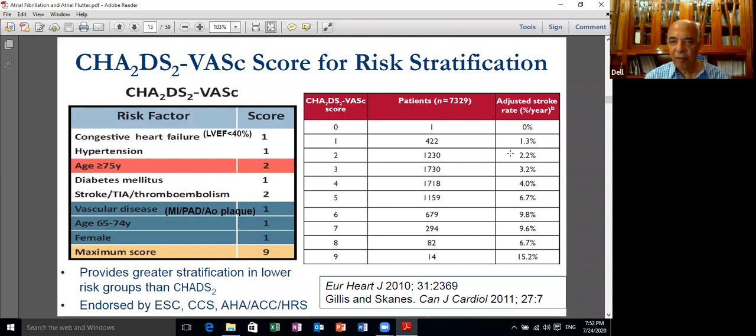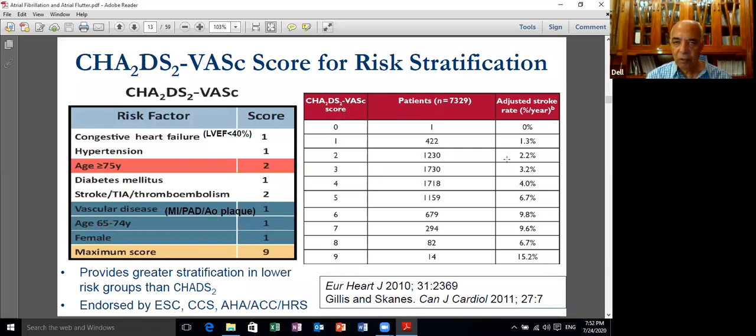So that was confusing and was replaced by the CHA2DS2-VASc score. Everybody knows about that and the scoring points for it, so I'm not going to read them. But a zero CHA2DS2-VASc score is associated with zero adjusted anticoagulation risk. And only when it exceeds 2 will the risk of anticoagulants become less than the risk of thromboembolism.